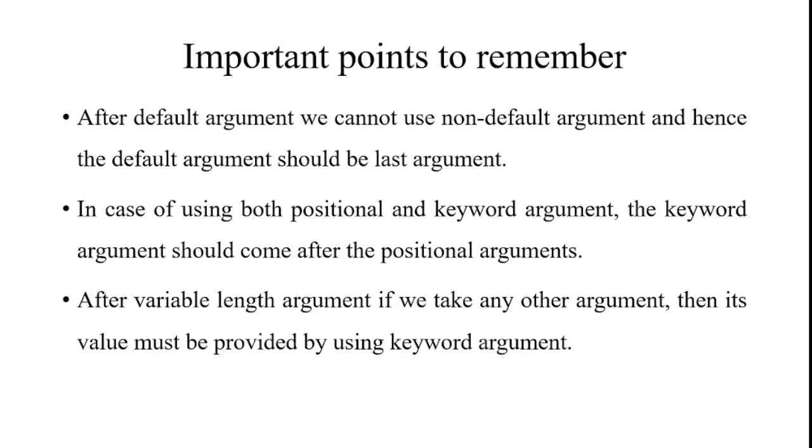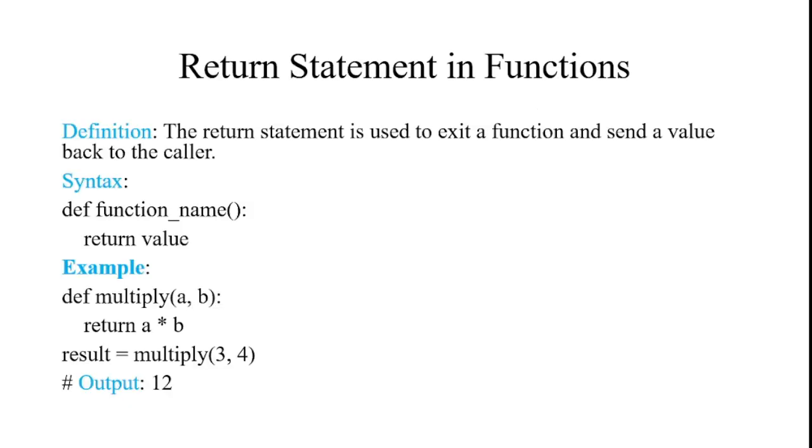And last, after a variable length argument, if we take any other argument, then its value must be provided by using the keyword argument, because otherwise it will not be considered in the variable length. So these points should be kept in mind while using the combination of all these four types of arguments.